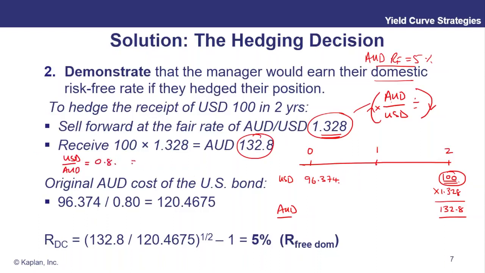Now I flip that over because I don't like foreign over domestic in this analysis, and you shouldn't like it either, because we do need to see domestic over foreign. I know that might not be the shortest route here, but trust me, over the course of your studies, flipping the exchange rate over like this to get your domestic on the top, the benefits are going to far outweigh the costs of not doing that.